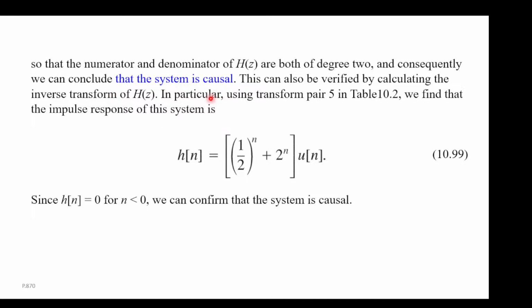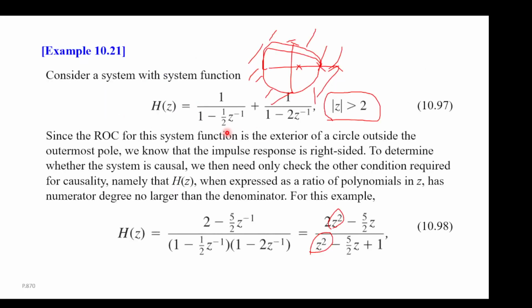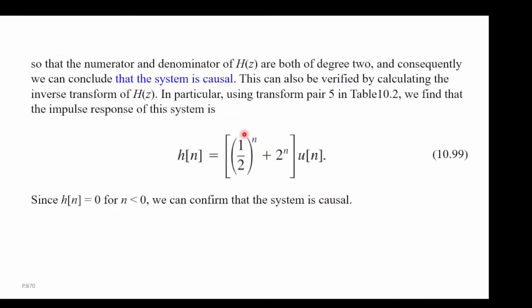We can also do direct checking. It's already in partial fractions, so we can do inversion by partial fraction expansion. This should be a to the n times u of n, with a equal to 1 over 2 and 2. So h of n is 1 over 2 to the n plus 2 to the n, times u of n.